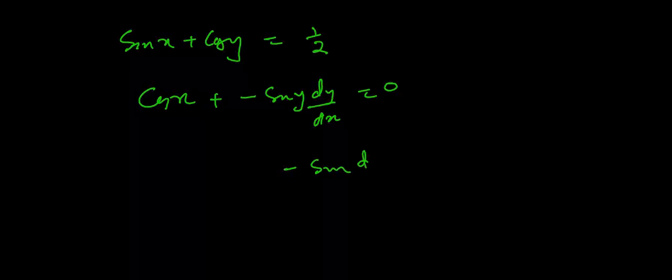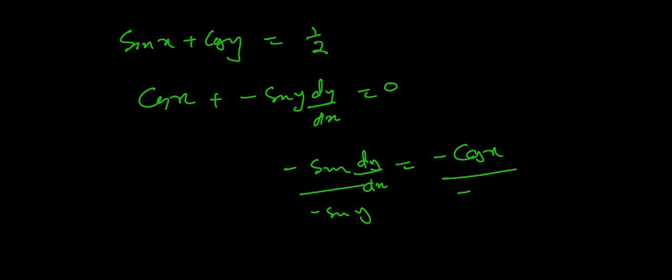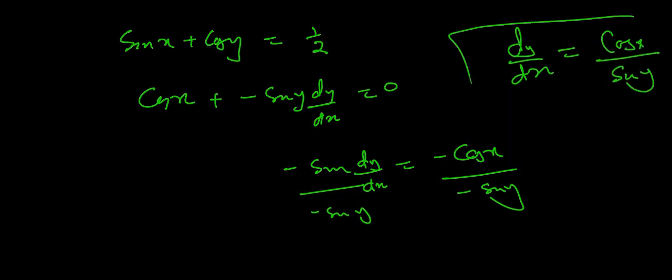Negative sine y dy/dx is equal to negative cos x, divided by negative sine y, meaning dy/dx, the expression is just cos x over sine y.